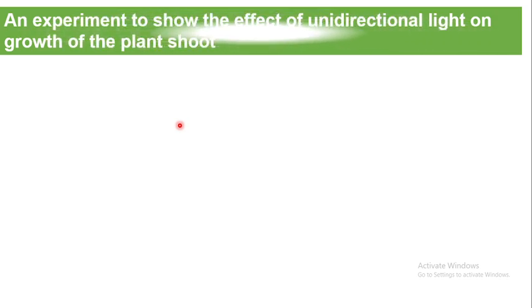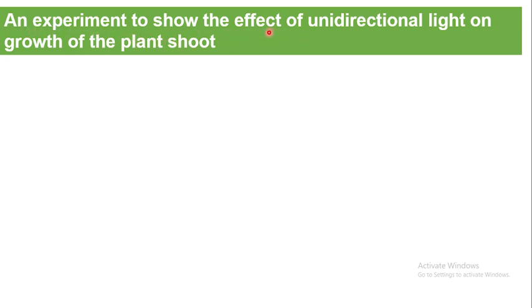In paper 2 especially, you'll be required to describe an experiment that could be done to show the effect of unidirectional light on the growth of plant shoot. In other words, you'll be required to show that plants respond to light stimulus, or grow towards light.